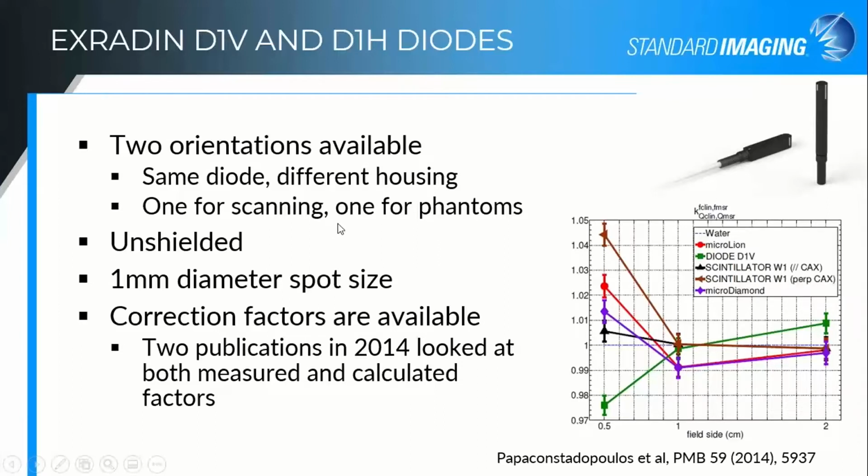It's an unshielded diode with a 1 millimeter diameter spot size, and there are a few publications that show correction factors for those diodes. There were two in 2014 in particular that looked at both measured and calculated factors. This plot is from one from Papakonstantopoulos et al. in PMB, and you can see the D1V here in green compared to field size for the beams they were measuring.